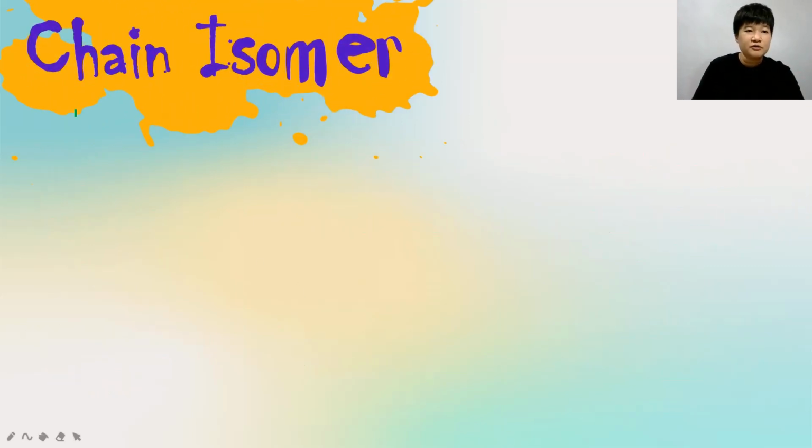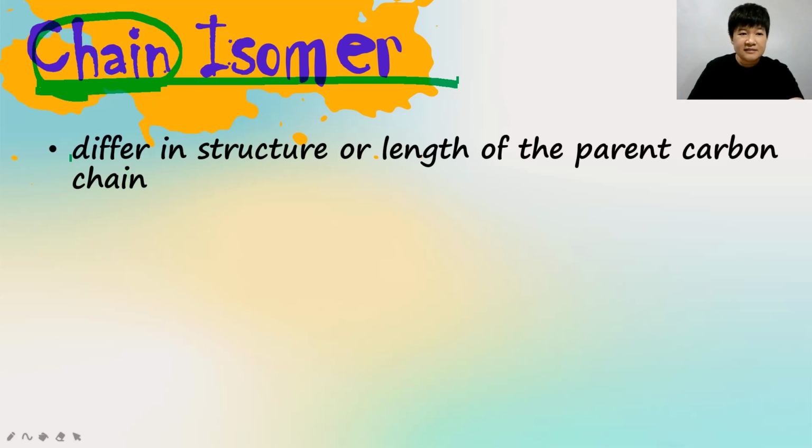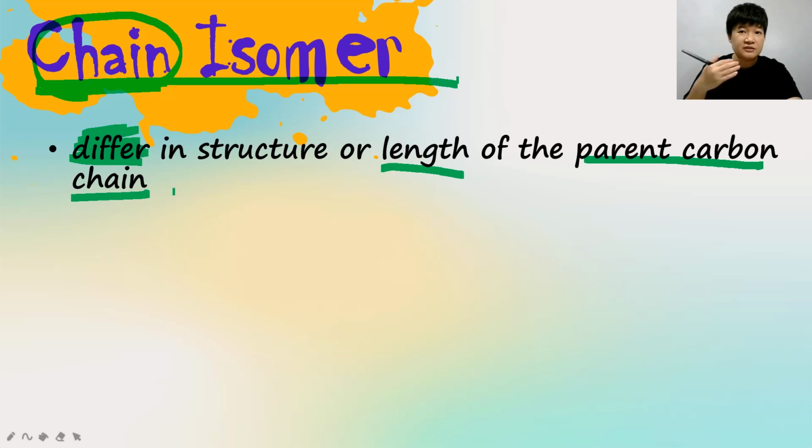So, first and foremost, let's look into chain isomer. What is meant by chain isomer? Like the name says, chain means you are focused on the carbon chain. The thing that will be different is the length of the parent carbon. It means you can have a 5 carbon straight chain, move to a 4 carbon straight chain, move to a 3 carbon straight chain.